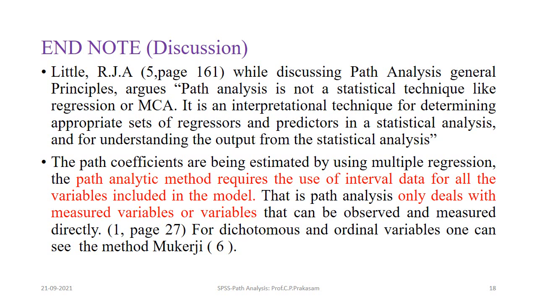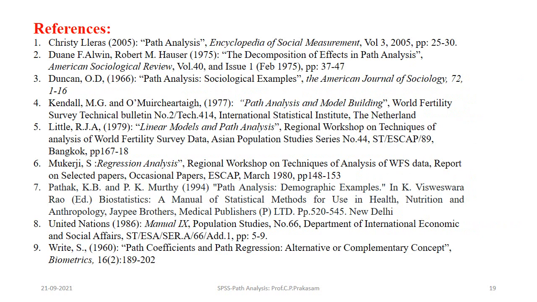For dichotomous variables and ordinal variables, one can use the method referred to in reference number 6 by Mukherjee. In these references, one can see Duncan O.D., who has given path analysis for sociological examples, and also Kendall M.G. et al., who have given a full explanation of path analysis and model building.